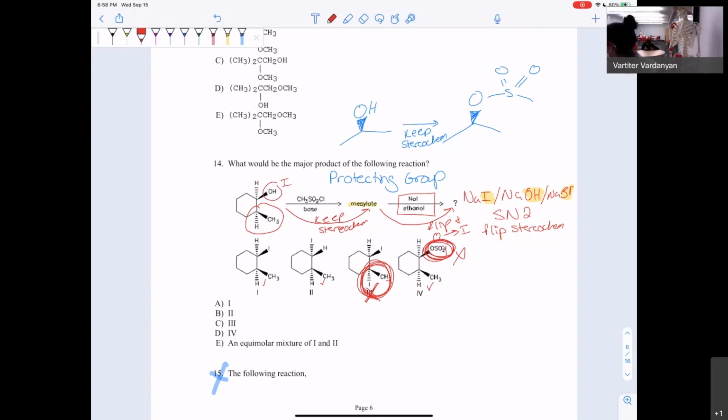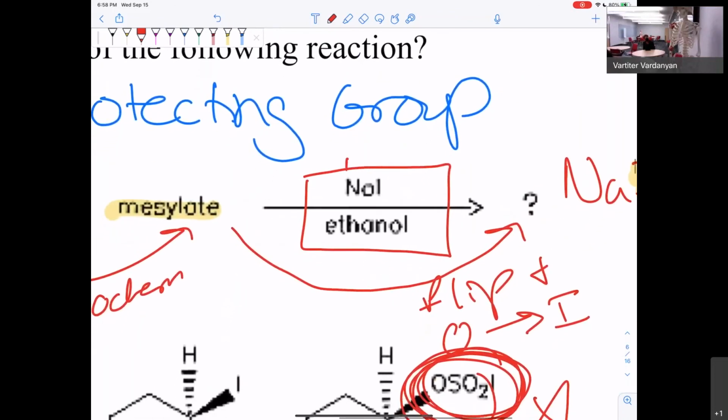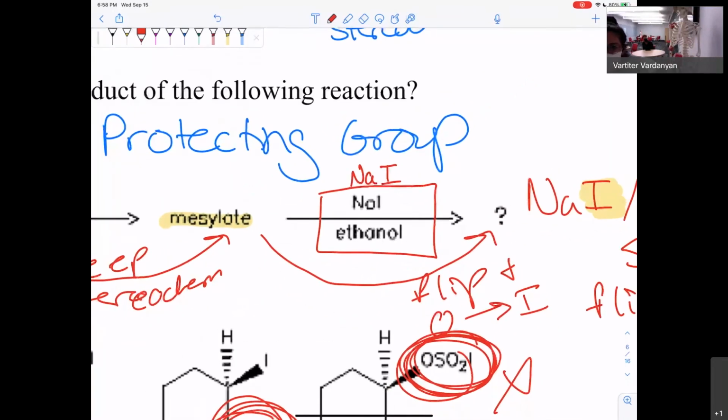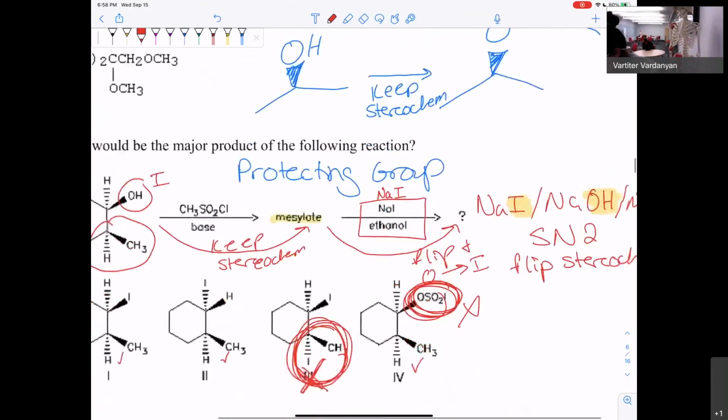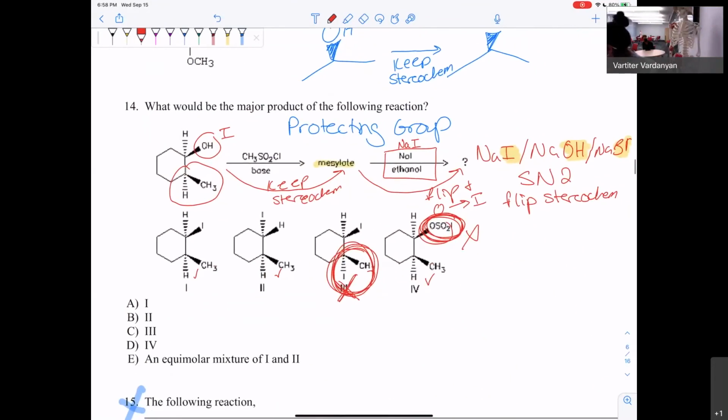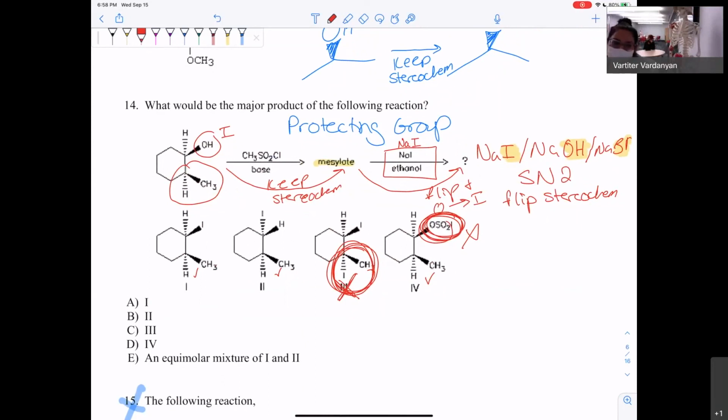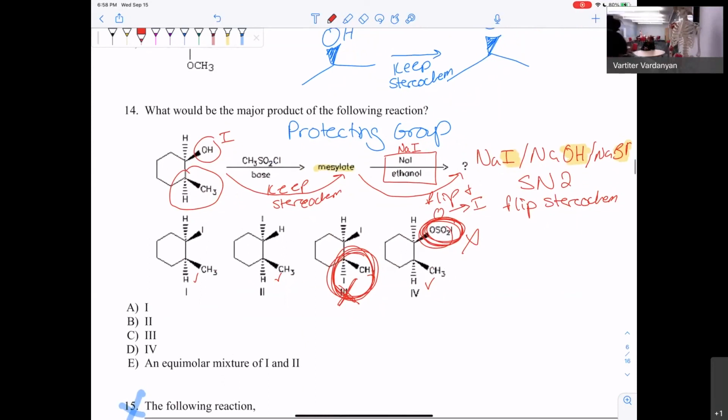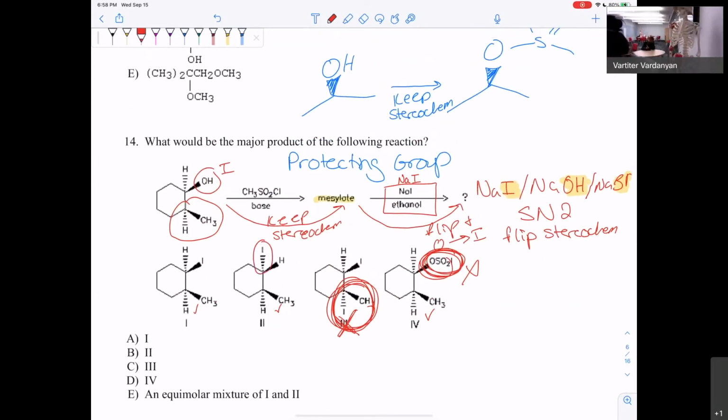Oh, it's an I. You can't really tell, but it says NaI. Did it do the inversion? It's going to do an inversion, yes. So you want the answer that did an inversion, which is this one. So the correct answer is number 2.